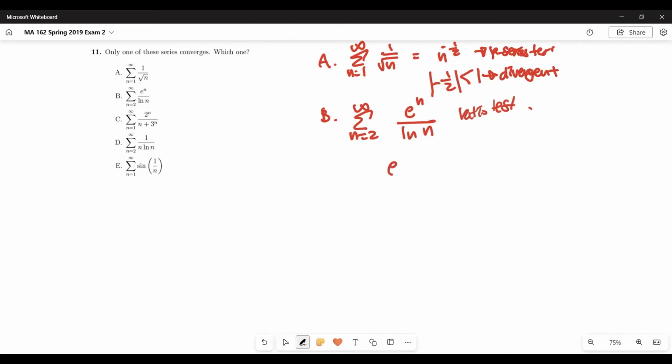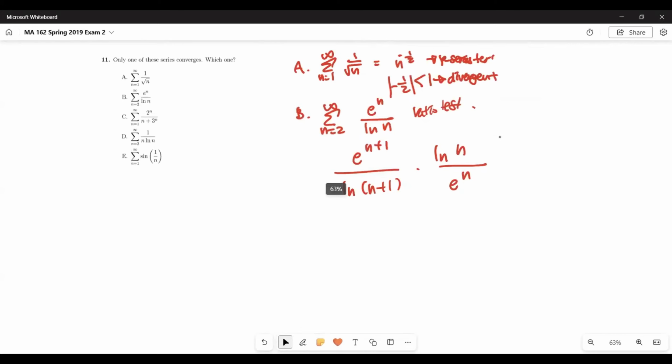So e to the n plus 1 over ln n plus 1, divided by e to the n over ln n. You can write e to the n plus 1 as e to the n times e, over ln n plus 1, times ln n times e to the n.